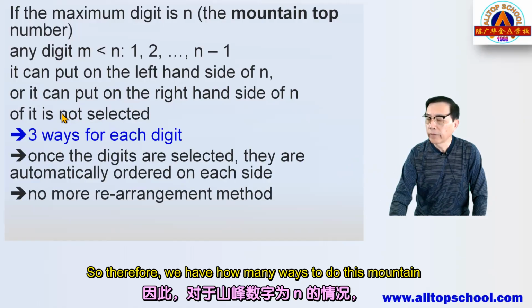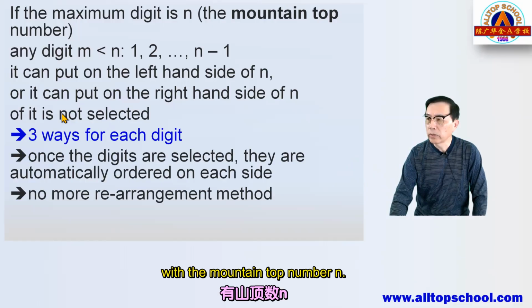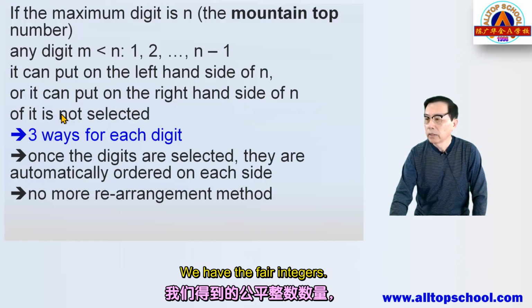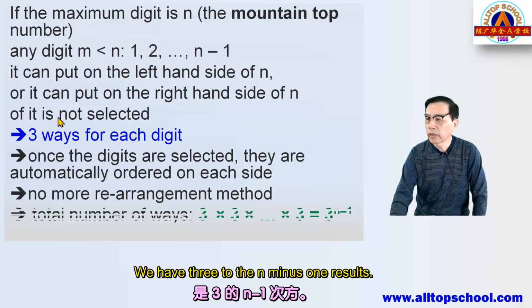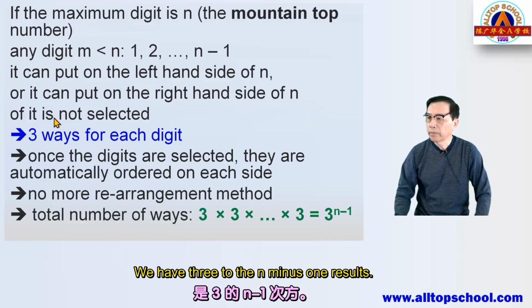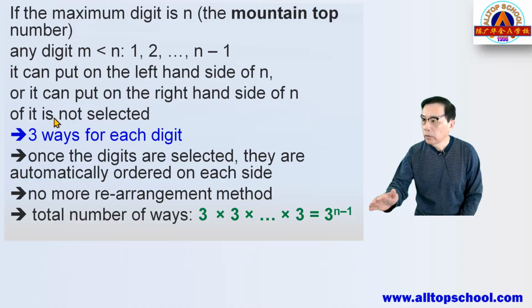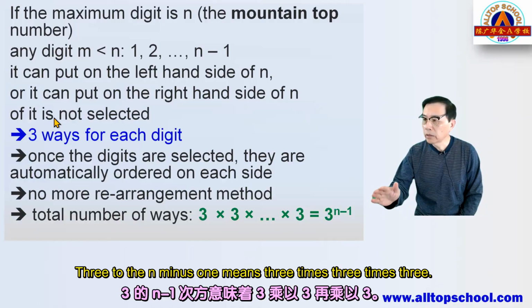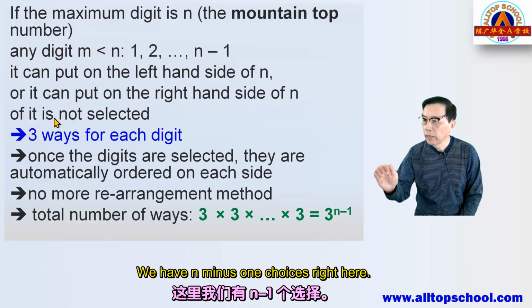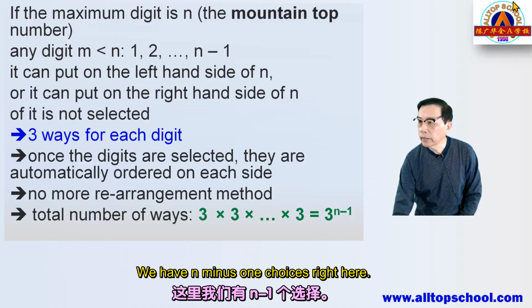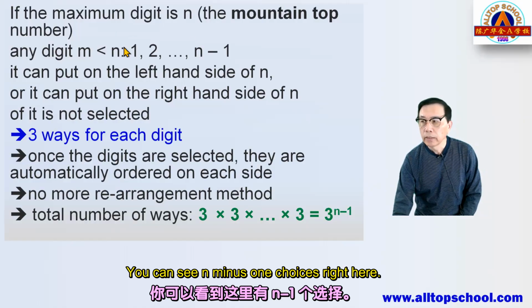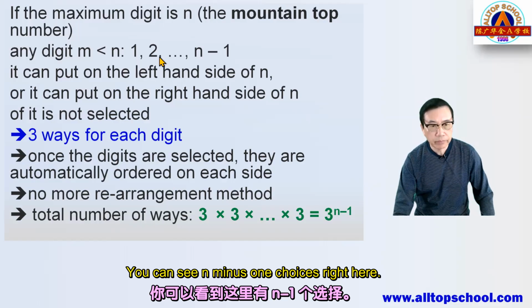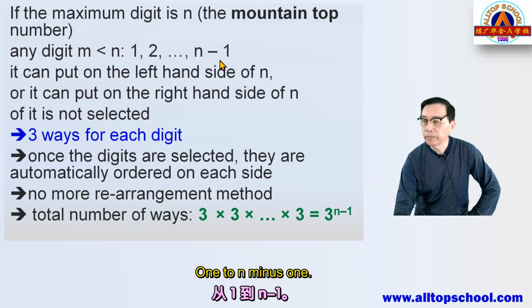So therefore, we have how many ways to do this with the mountaintop number n? We have the fair integers. We have 3 to the n minus 1 results. 3 to the n minus 1 means 3 times 3 times 3. We have n minus 1 choices right here. You can see n minus 1 choices right here, 1 to n minus 1.